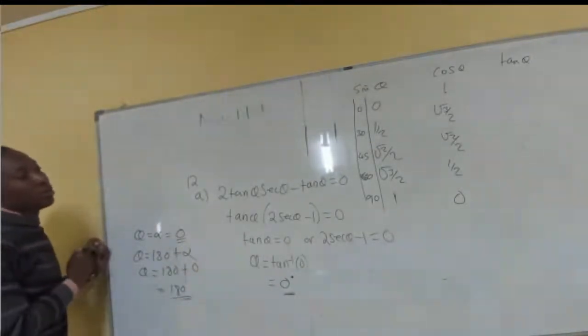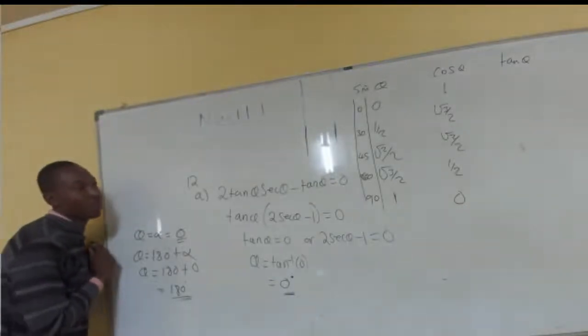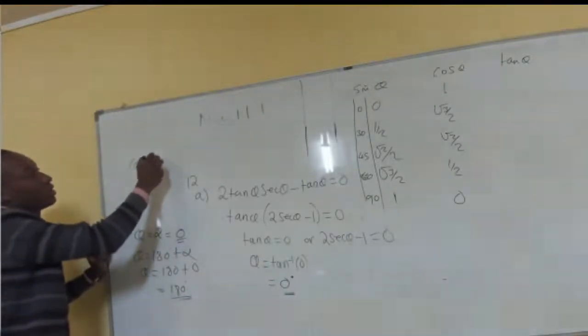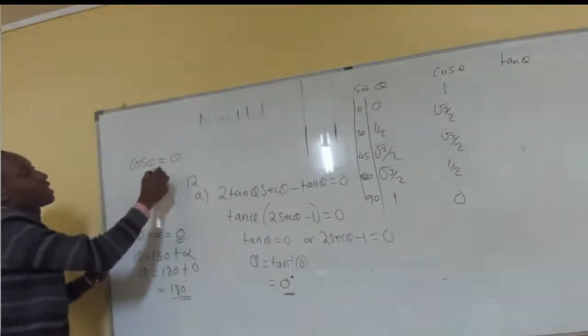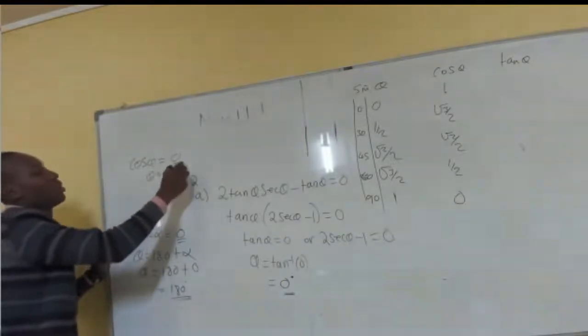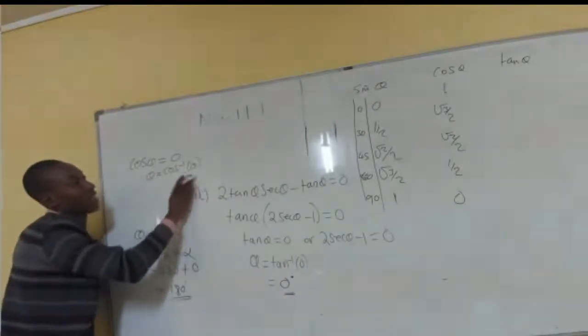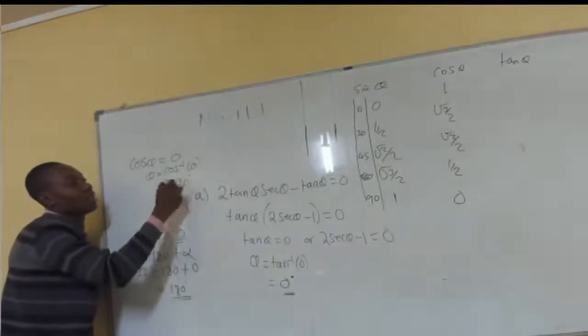You do a similar thing to what we did last time. Remember, we're dealing with cos theta equal to 0, so we're looking for theta equal to cos inverse of 0. Now we know that cos is 0 at 90 degrees.